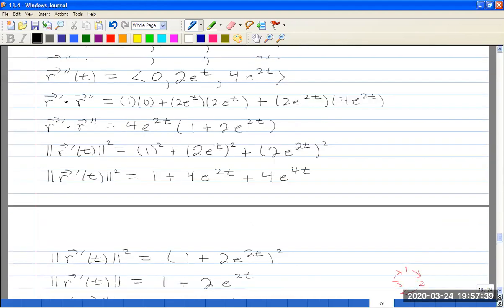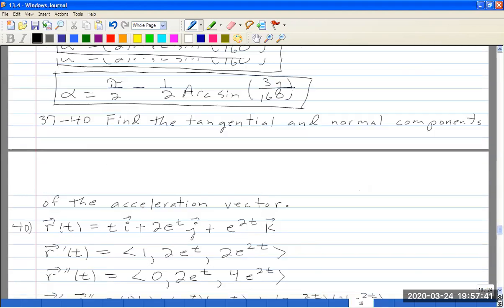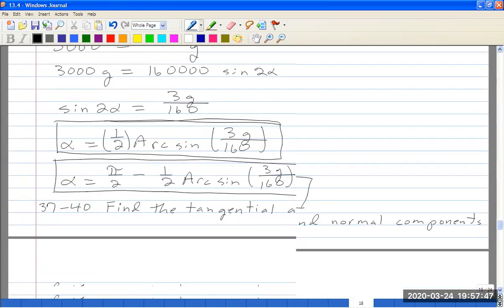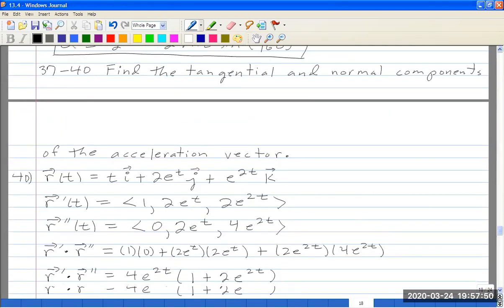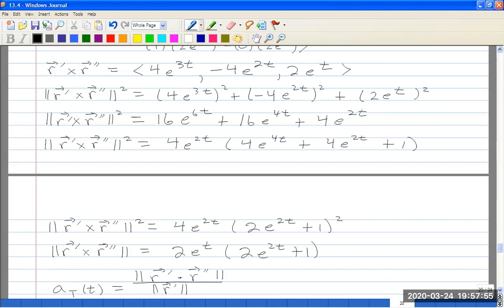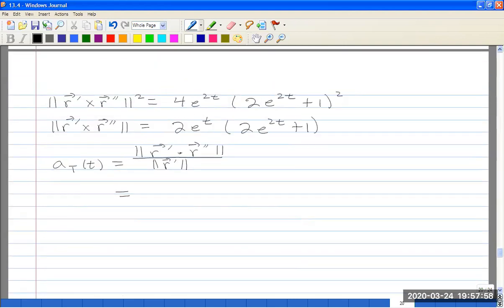So that was a 4e^{2t}, times 1 plus 2e^{2t}, divided by 1 plus 2e^{2t}. So those cancel.